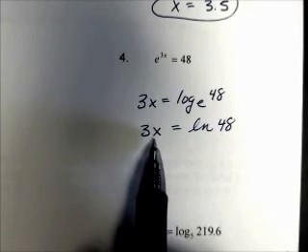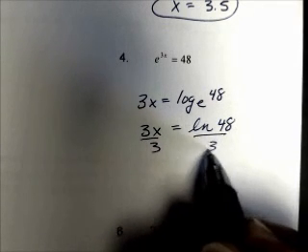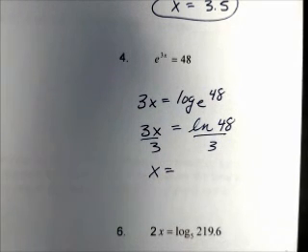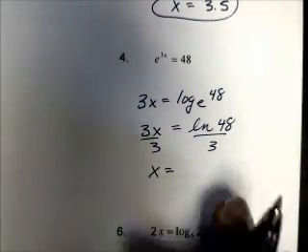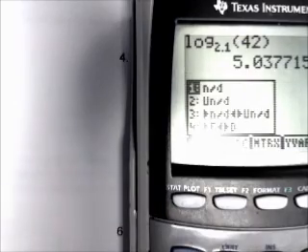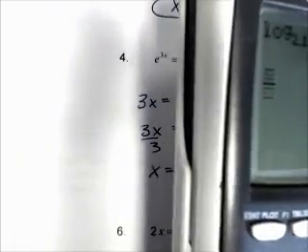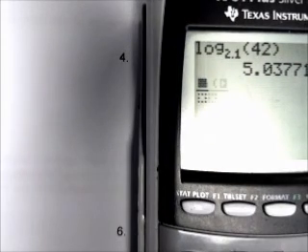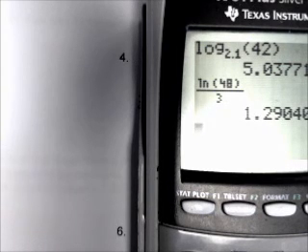Now, we don't have x by itself just yet, so we divide both sides by 3. So x equals ln 48 divided by 3, and key this into the calculator as a fraction. So alpha y equals for my fraction, and ln 48 over 3. So ln 48, close parentheses, divided by 3. 1.3, that's rounding to 1.3.